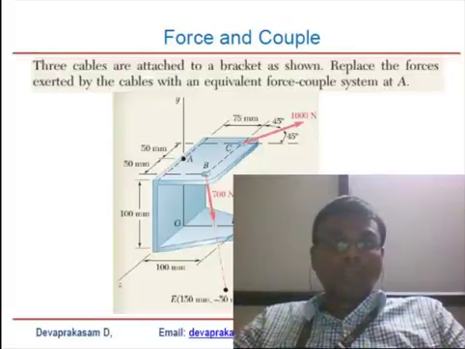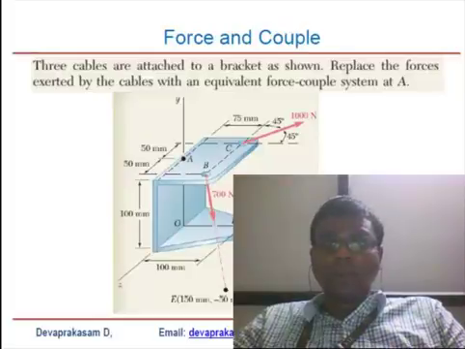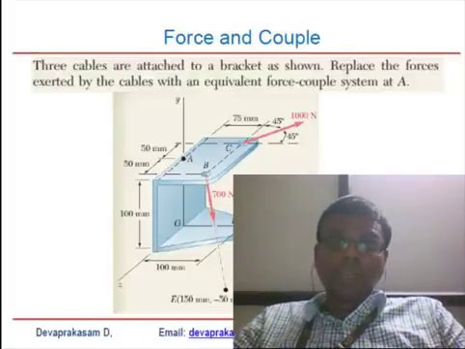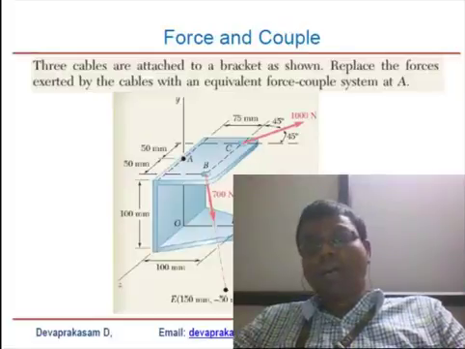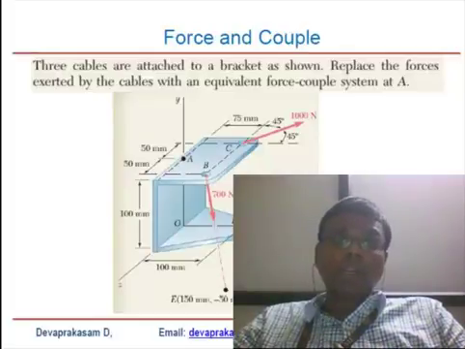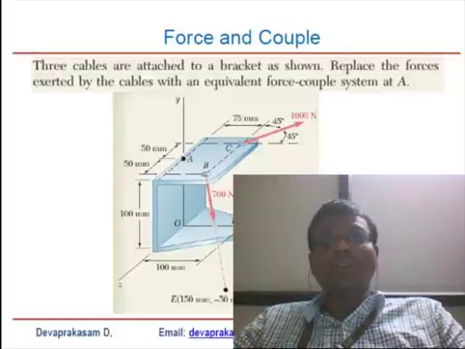What we are going to solve is to replace the force exerted by the cable with an equivalent force and couple system at A. So what is the equilibrium condition if you take these forces acting in different directions, and what kind of equilibrium condition at A could satisfy the equilibrium equations?